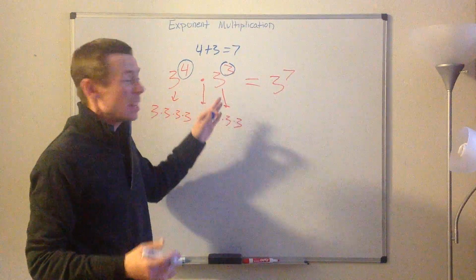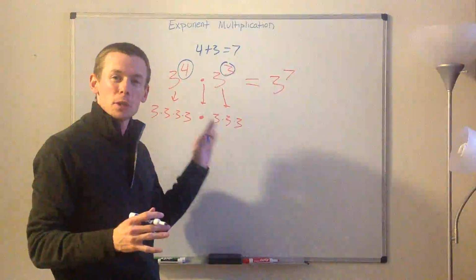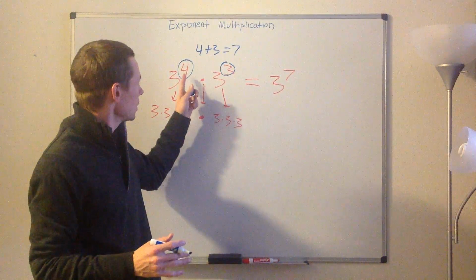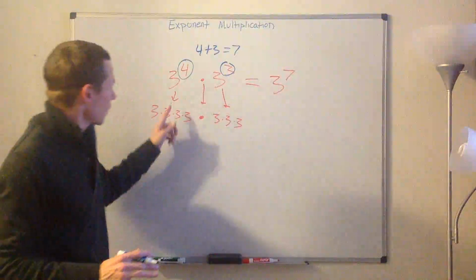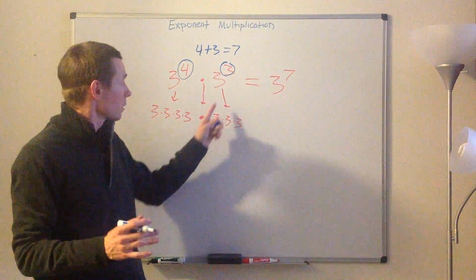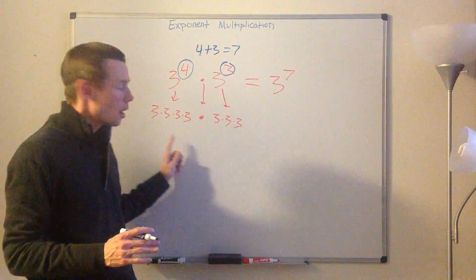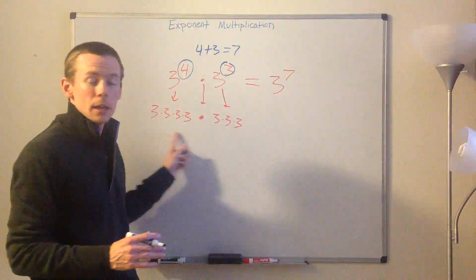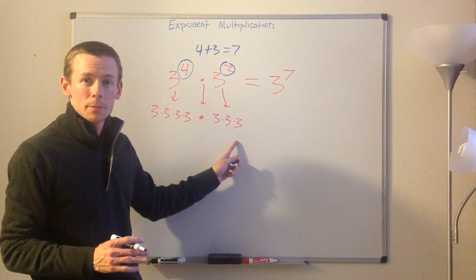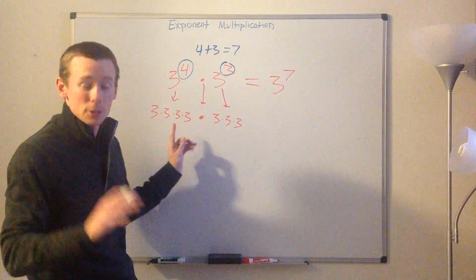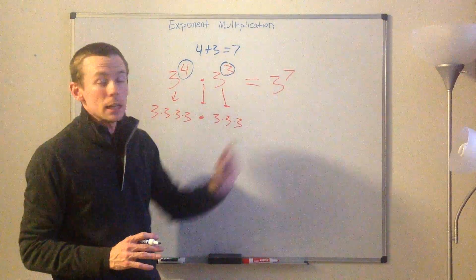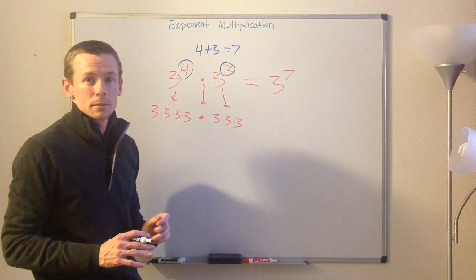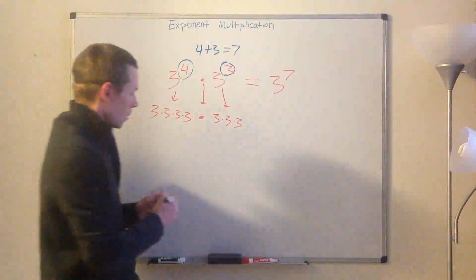It seems maybe a little bit off because we're using multiplication, so it almost seems like it should be 4 times 3 perhaps. But when you break down the pattern of what 3 to the fourth times 3 to the third really is, you see that there are seven threes being multiplied. So it becomes 3 to the 7th. Okay?